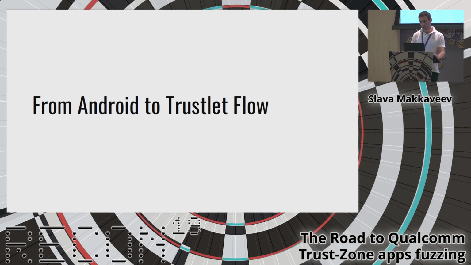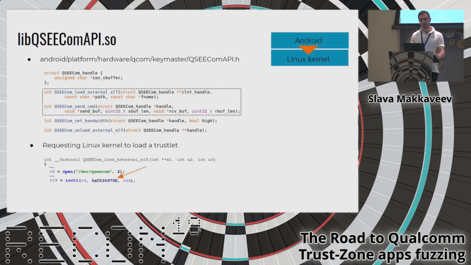verification of trusted applications. So the libQSEEComAPI.so library provides an API for loading a trustlet. There is a function for loading trustlets by name, and there is a function to send a command to the loaded trustlet. Actually, this library redirects API requests to the QSEECom driver by using specific IOCTLs.